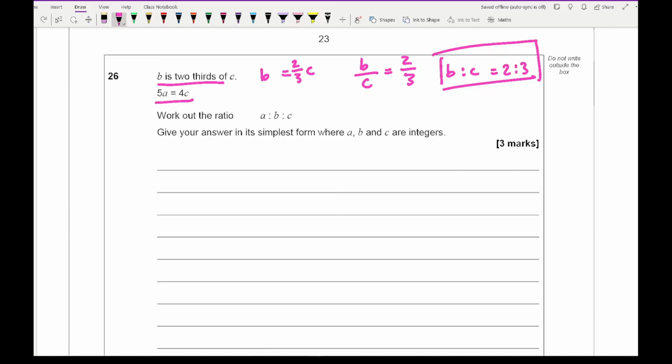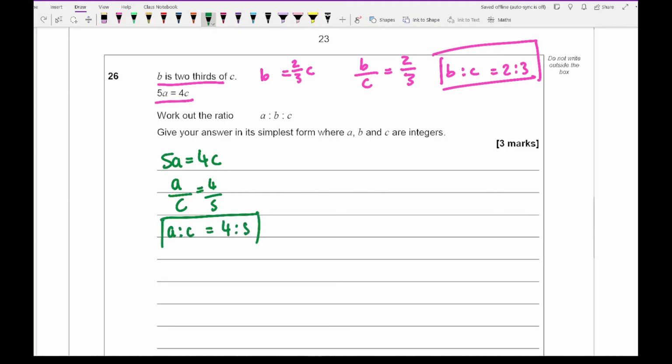Then for 5A equals 4C, what I then have is that A over C is going to equal 4 over 5. And then from this, I can write this as a ratio: A to C is equal to 4 to 5.